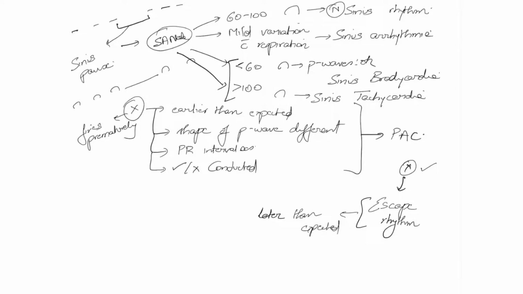Even this would have a P wave shape that's different from that of a normal P wave. The PR interval could change, and the difference between a PAC and an escape beat is that a PAC happens earlier than expected, and an escape beat or rhythm is typically later than expected.